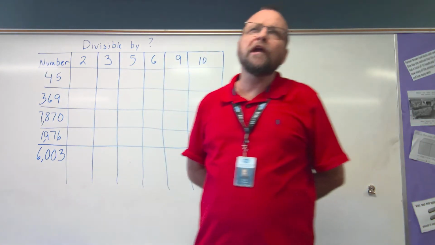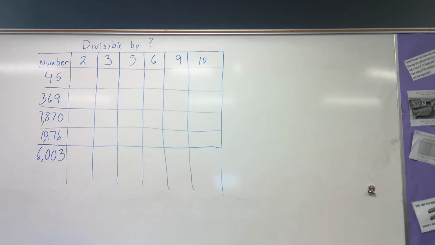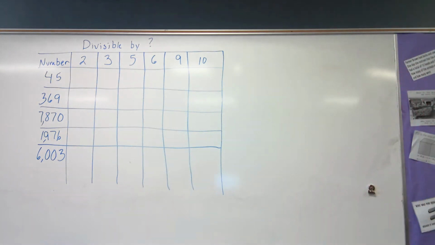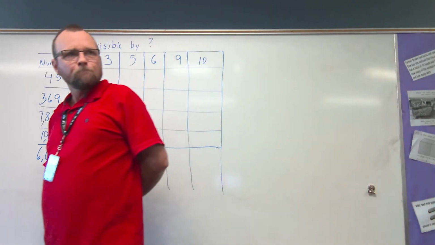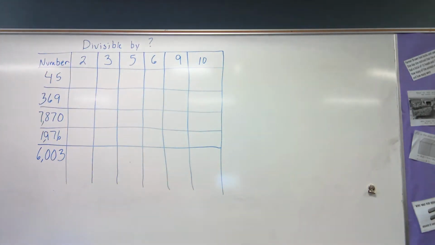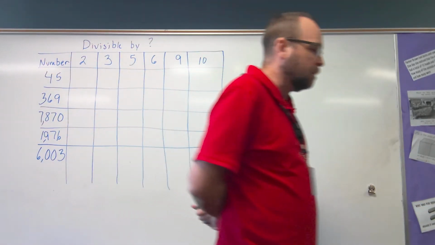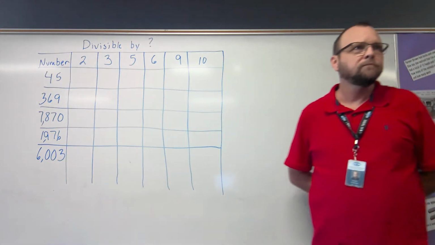Serenity, will you read me the divisibility rule for the number 2? The number is even. It's divisible by 2. What does that mean, Serenity, that the number is even? Samuel, what does it mean if I say a number is even?